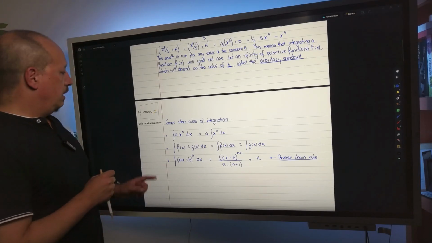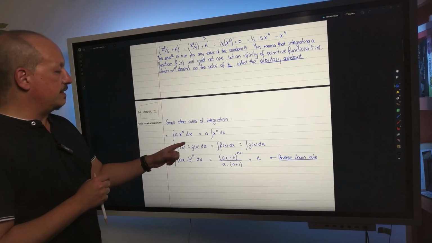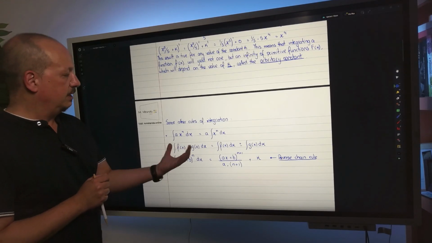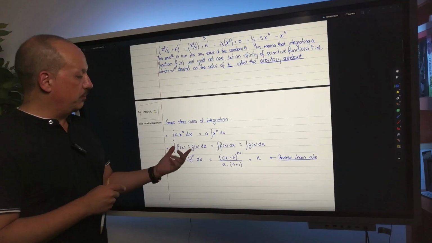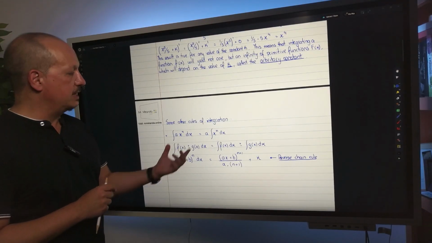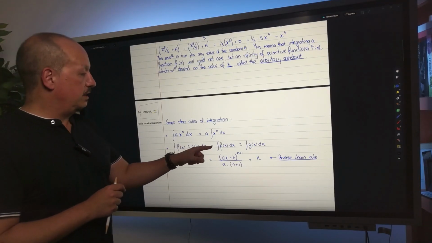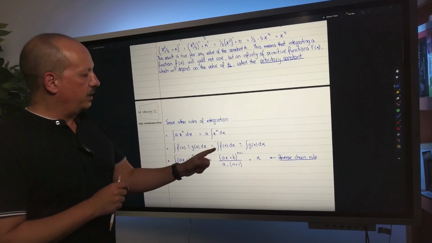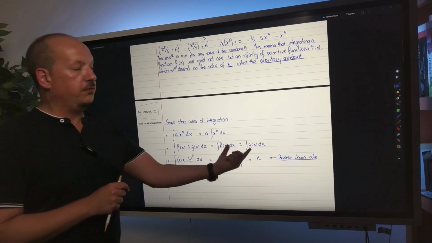Okay? If you are integrating the sum or the difference of two smaller functions, then this is going to be equal to the sum or the difference of the integrals of each one of the individual functions.